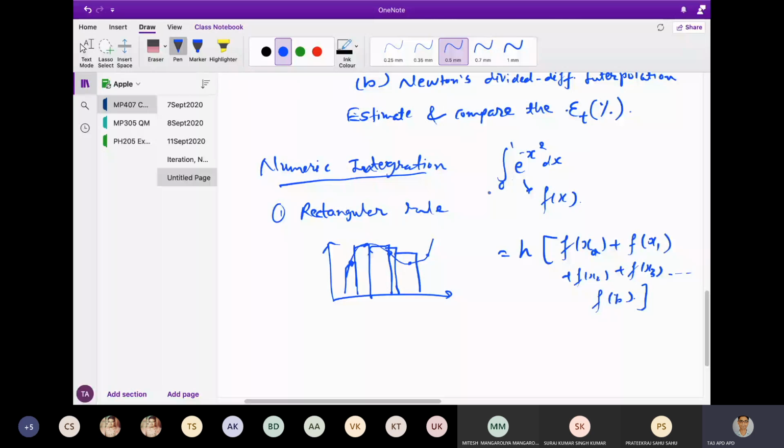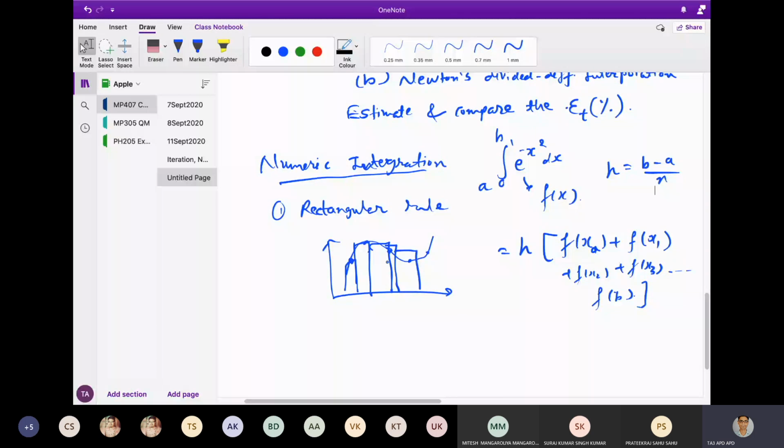If you have this integral from a to b, the step size is defined by h equal to (b minus a) upon n, where n is the number of steps, that is, in how many rectangles you want to divide the whole integral into equivalent area.